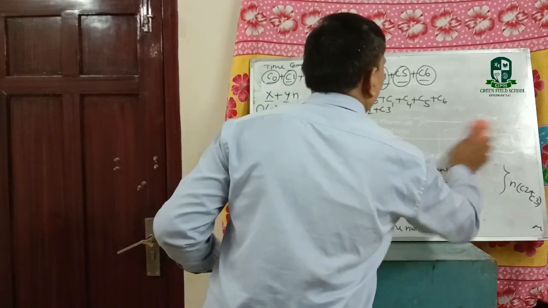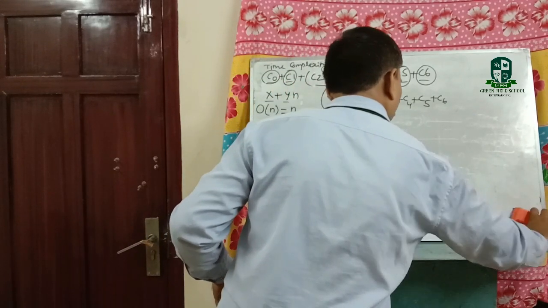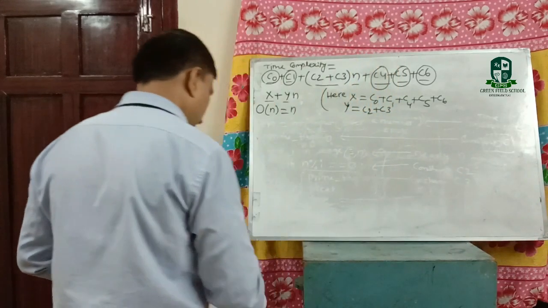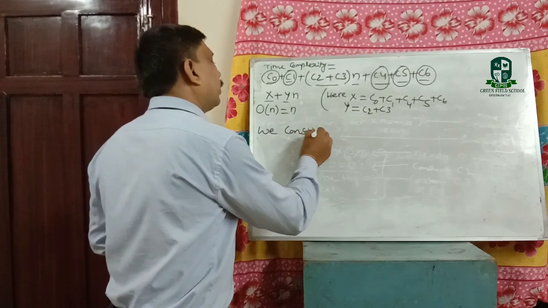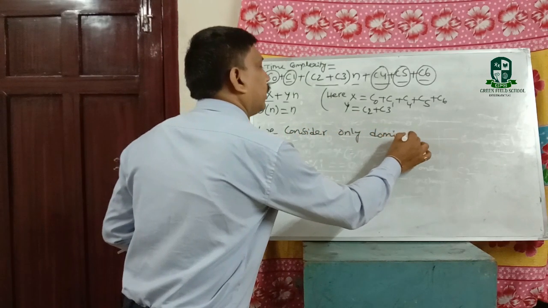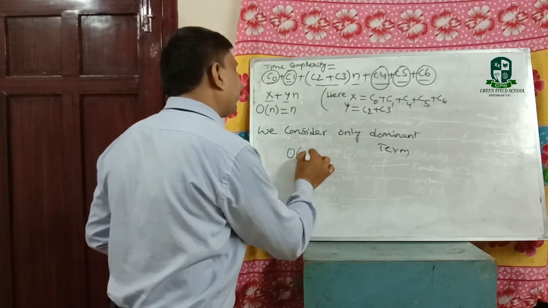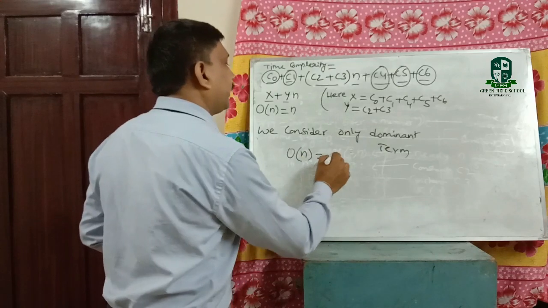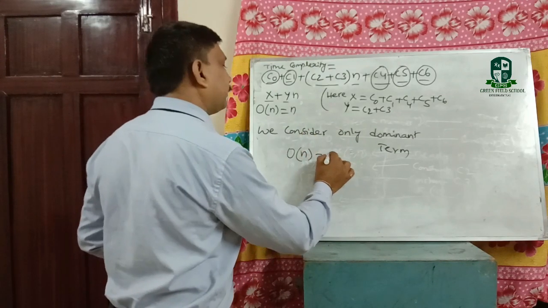We consider only the dominant term. So the big O notation is order of n, from x plus yn. We are taking the dominant term, that is n.